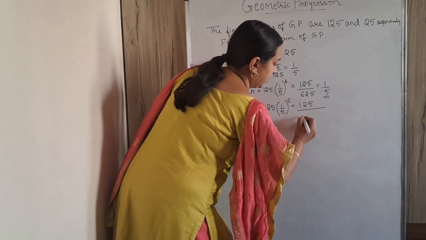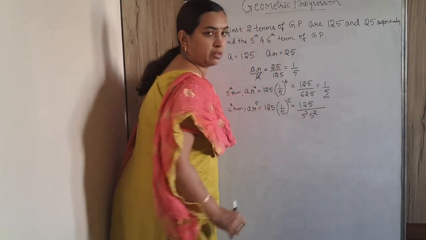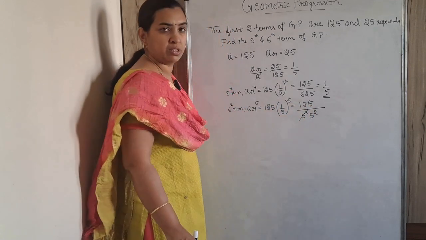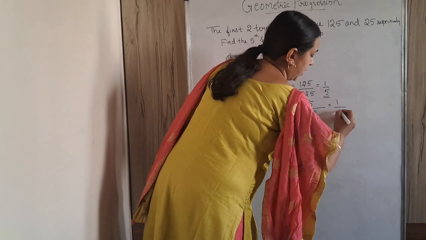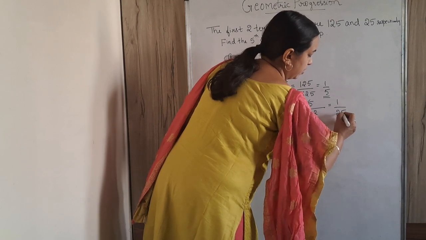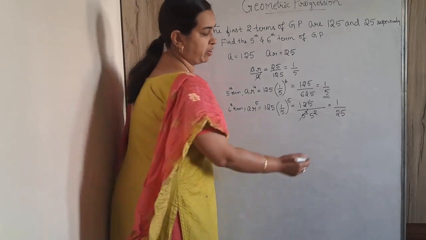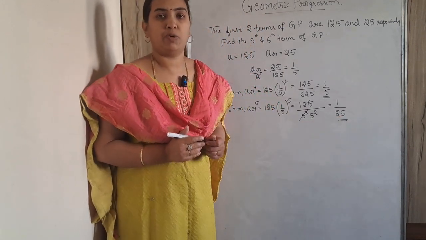So this can be split and written as 5 cube into 5 square. Here this 125 will go with this and you will get your answer as 1 by 25. So the fifth term will be 1 by 5 and the sixth term will be 1 by 25. That will be your answer.